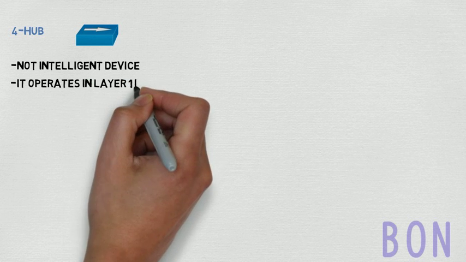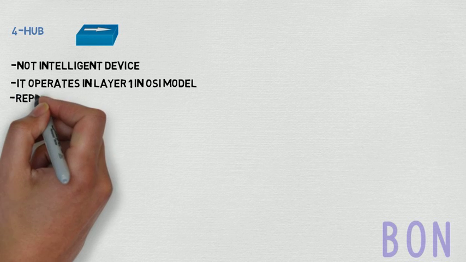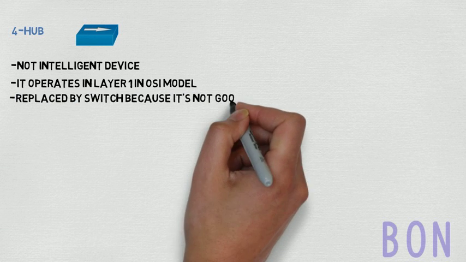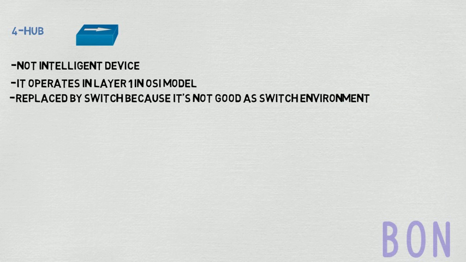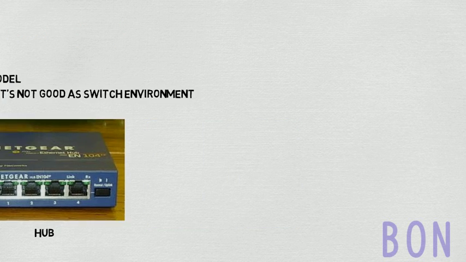It just sends to everyone. It operates at layer 1 in the OSI model, and it was replaced by the switch because a switch is very intelligent and knows where traffic is going out and where it's going in, and the hub is not as good as a switch in environments.